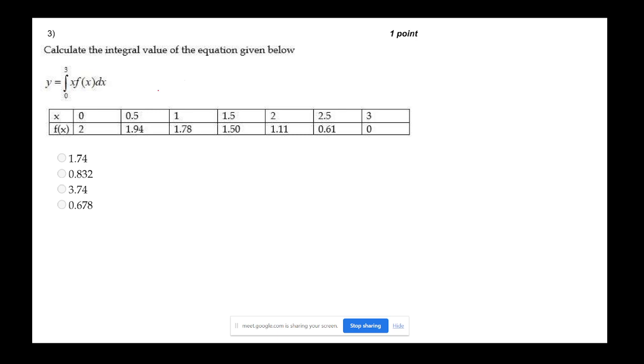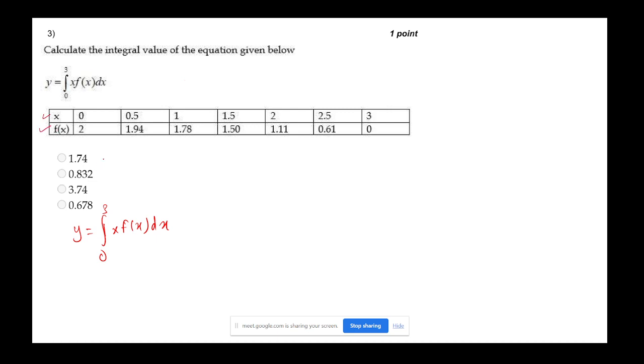Now you need to find out the integral value of the equation given below. The equation is y equals integral from 0 to 3 of x f(x) dx. You are given x and f(x).